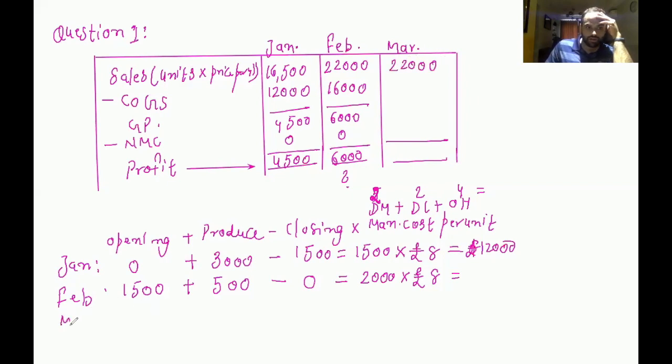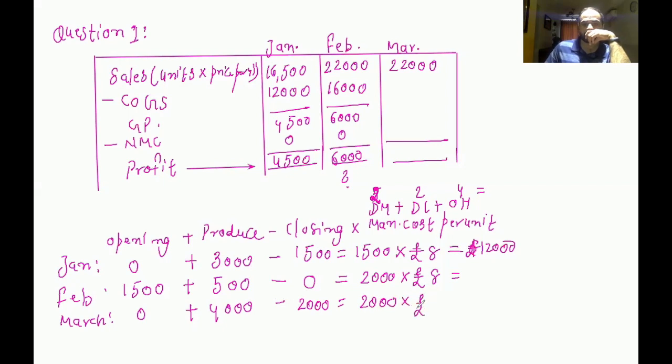So how much is the opening stock for March? 0. Yes. And how many we produce? 4,000. And how much is closing? 2,000 is the closing. So sold is 2,000.